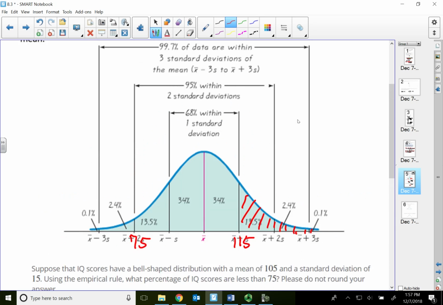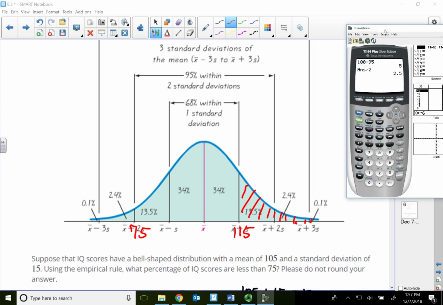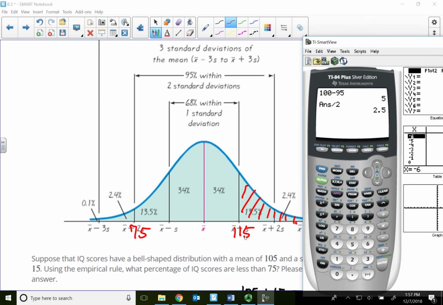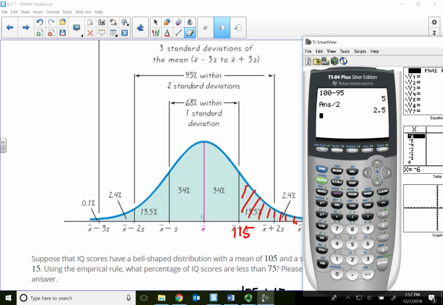Okay. So that means there's a couple ways we can do it again. Normally what we do is to say the 115, let me erase the 75. The 115 is actually one standard deviation to the right of the mean. So we think one standard deviation covers 68%, so that will be 100 minus 68.